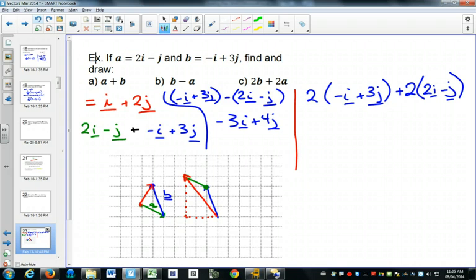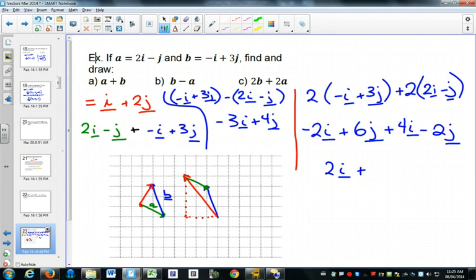Yes, there's notation stuff here. You have to do it throughout. And then combine your like terms. So you're going to have 2i plus 4j.